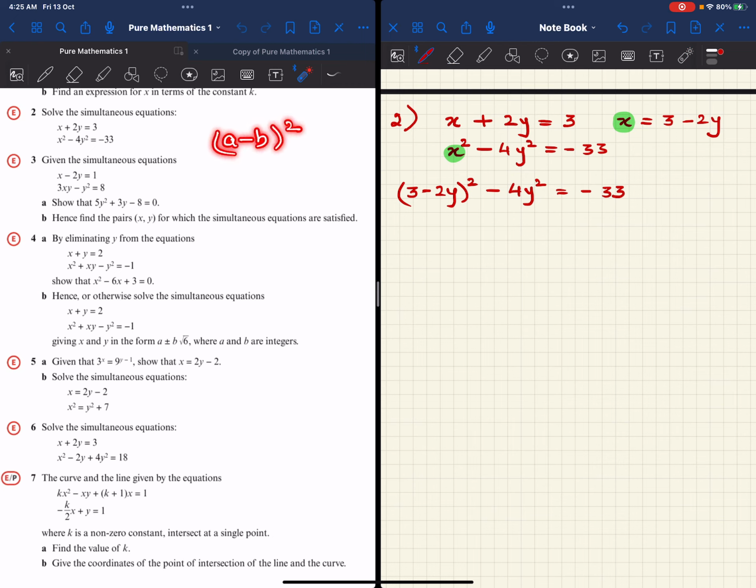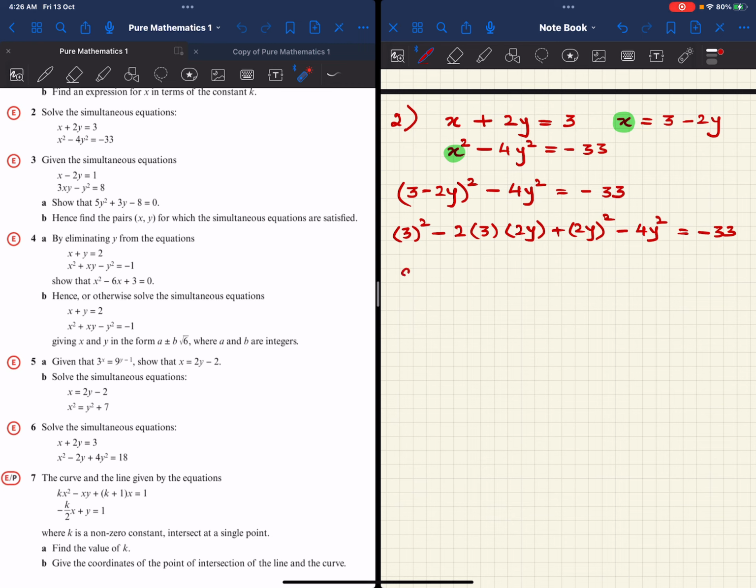A minus b the whole squared is expanded using a squared minus 2ab plus b squared, and I'll be expanding it directly here. So a squared will be 3 squared minus 2 into the a value into the b value plus b squared, and then minus 4y squared is equal to negative 33.